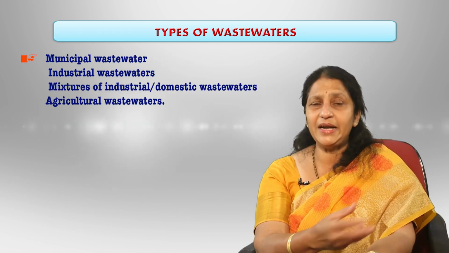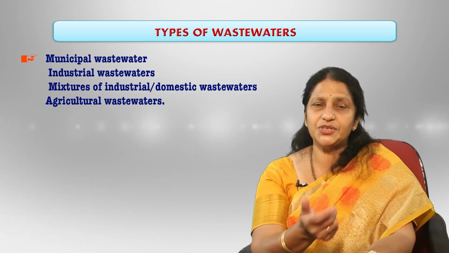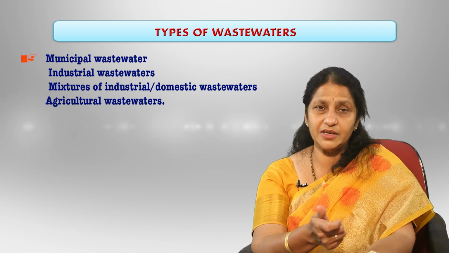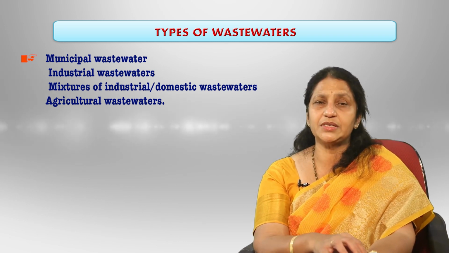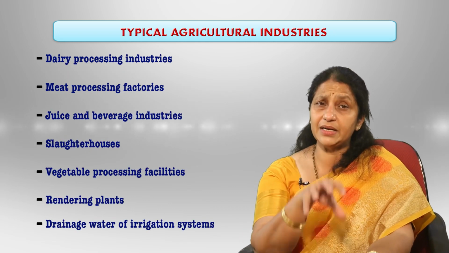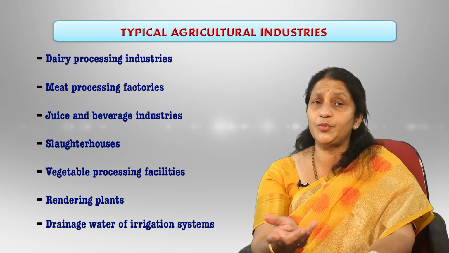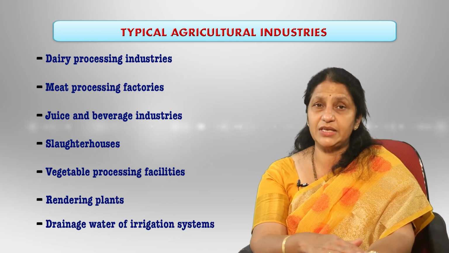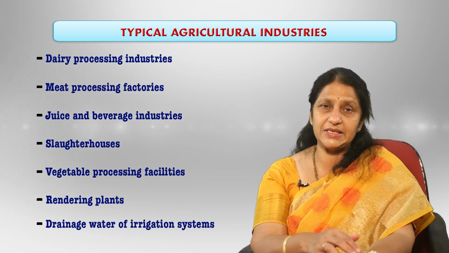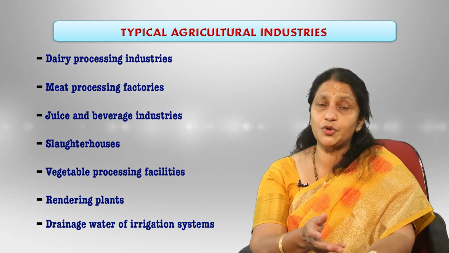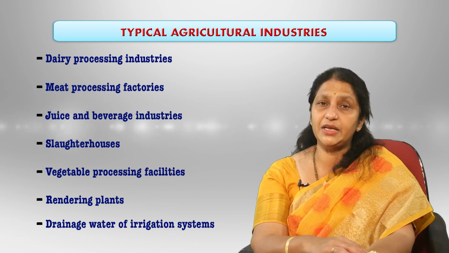There are so many types of wastewaters, like municipal wastewater, industrial wastewater, or a mixture of industrial and domestic wastewater, and agricultural wastewaters. Typically, if we look at agricultural industries, that is dairy processing industry, meat processing industries, as well as juice and beverage industries, slaughterhouses, vegetable processing facilities, and also the drainage water of irrigation systems.